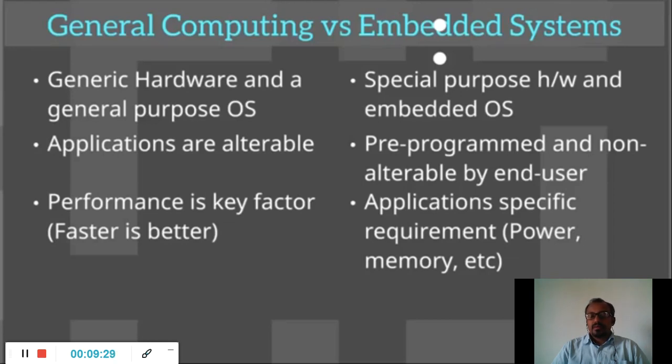For example, in a mouse where we use a cell to give the energy, we have to manage the power. In some MP3 players, we have to manage the memory. So it is application specific. Depending on the embedded system, the requirements differ, unlike a general computing system.